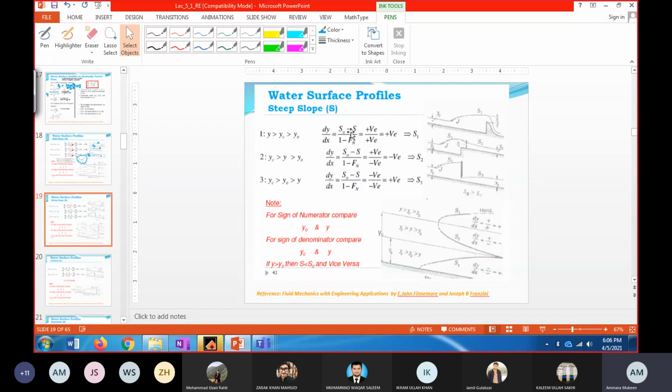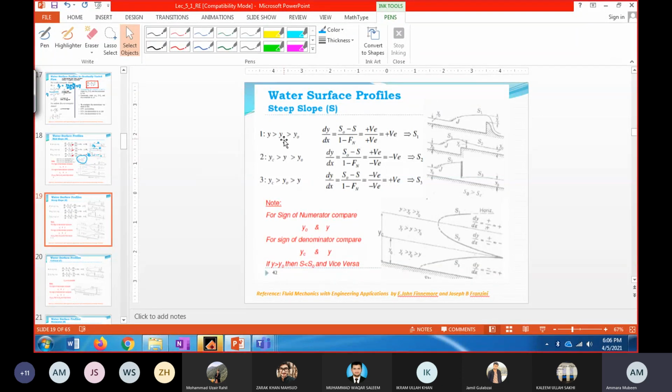Subcritical, as the depth of flow would be greater than the critical depth, so we can classify that the Froude number is in the subcritical range.